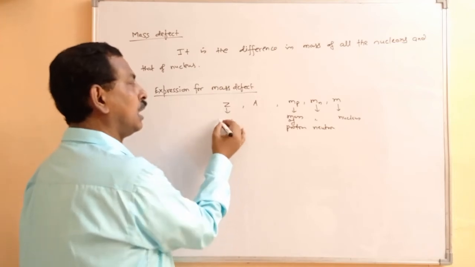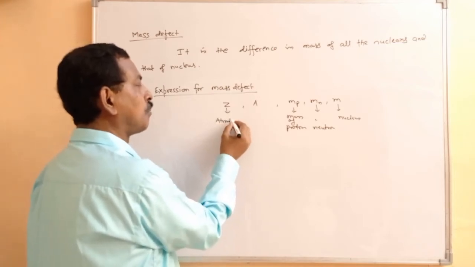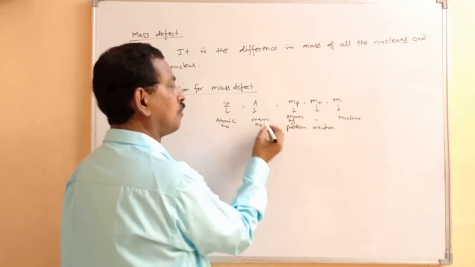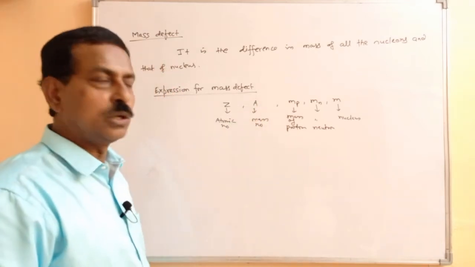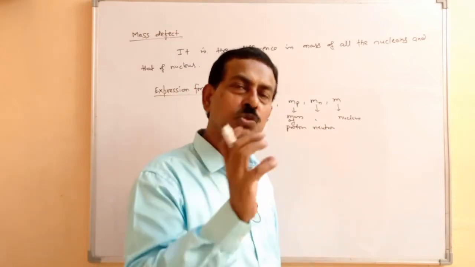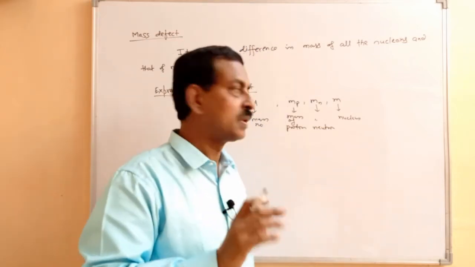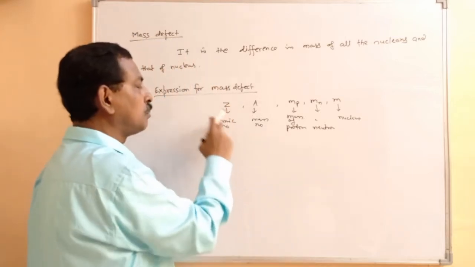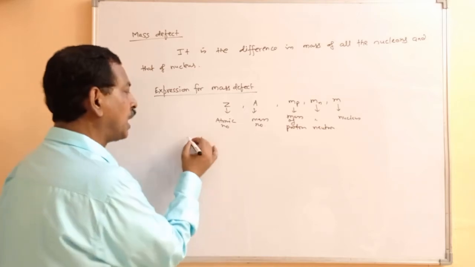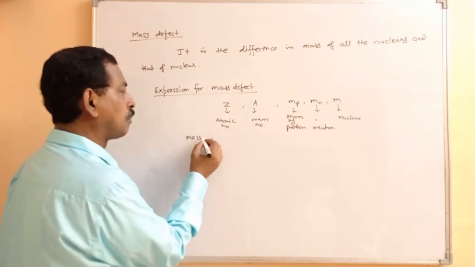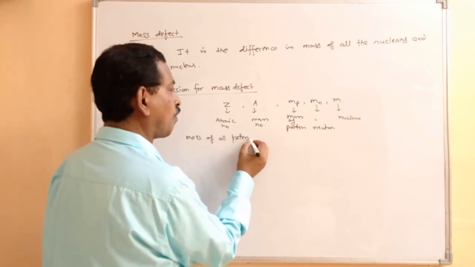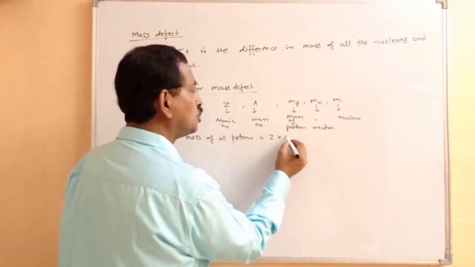This is your atomic number and this is the mass number. So here, if you consider the mass of all the protons, we have Z number of protons because the atomic number is Z. So the mass of all protons will be Z into Mp.